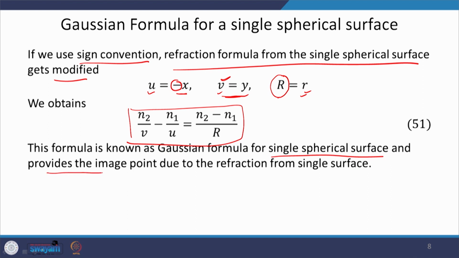This formula is valid for a single spherical surface, and it provides the image point due to refraction from a single surface, spherical or even non-spherical, because the radius of curvature decides whether the surface is spherical or non-spherical.